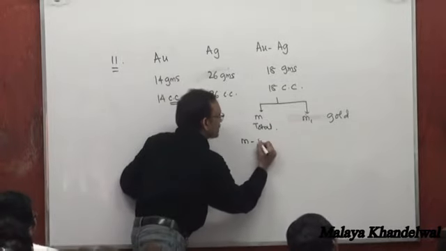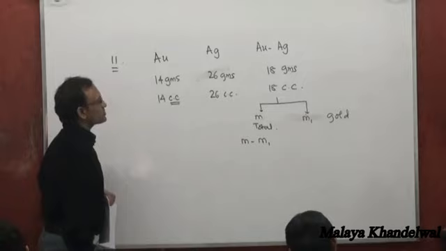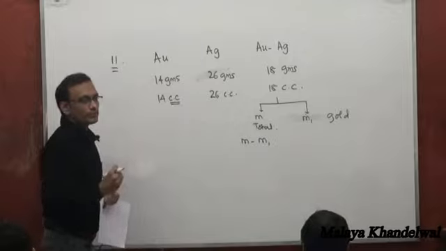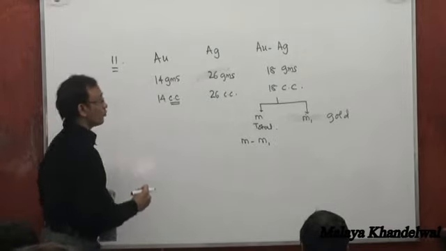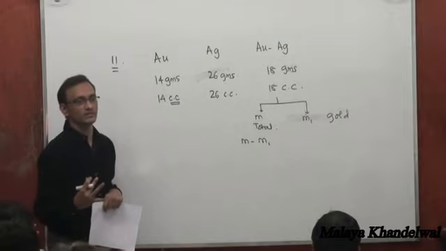The mass of silver is M minus M1. And if this is the mass of silver, then what must be the volume of silver in this?